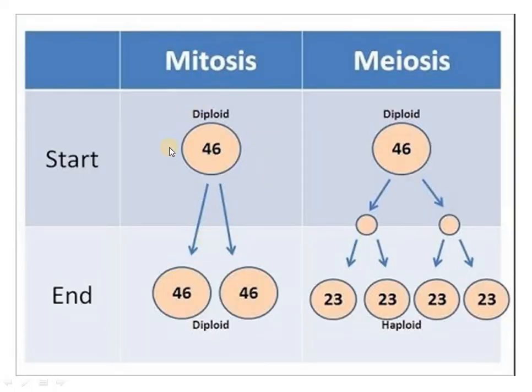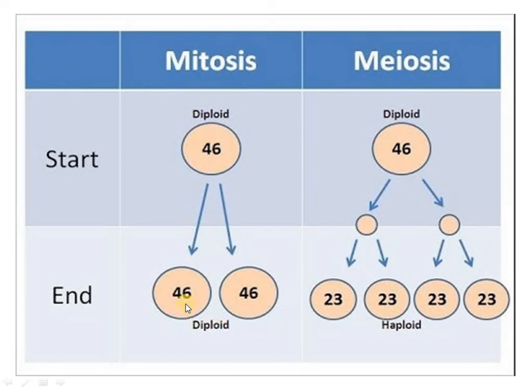This is mother cell, or you can say parent cell. It is diploid because the cell consists of 46 chromosomes. So diploid cell has 46 chromosomes. In mitosis, this diploid parent cell or mother cell will divide to form two daughter cells which will have equal number of chromosomes as their mother cell, means they will also be diploid.